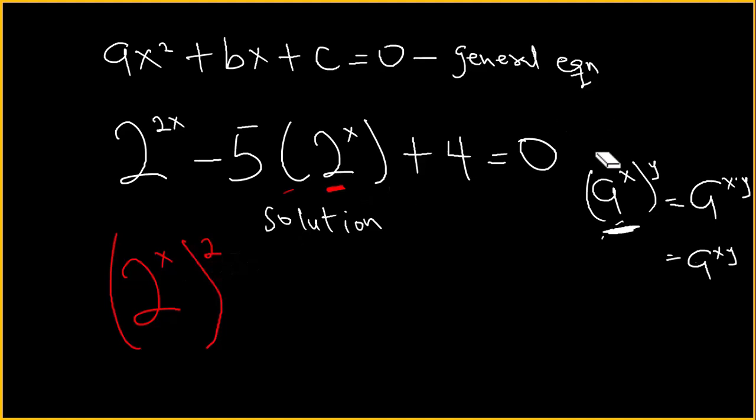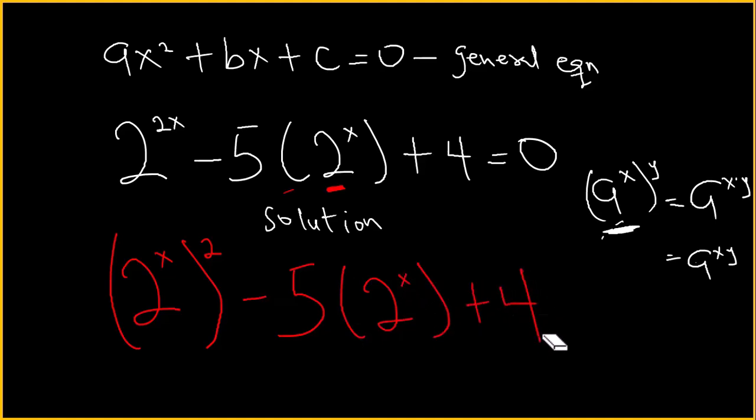So I have resolved this into this: 2 to the power x, all raised to the power 2, minus 5 multiplying 2 raised to the power x, plus 4 equals 0.